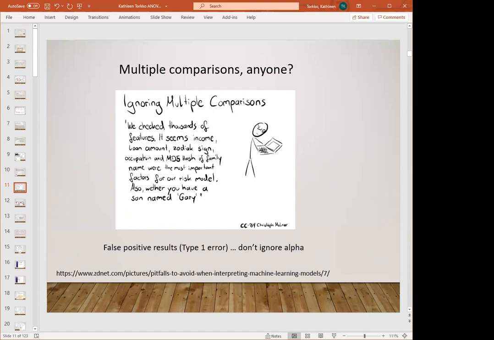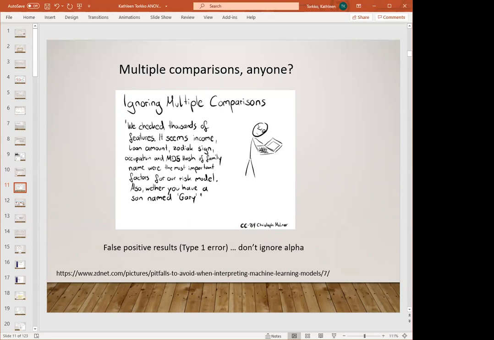If you have a lot of comparisons, you can just by chance find that things are statistically significant in your analyses, but don't really have any kind of biological or clinical meaning, or you could just find false positives and not realize that you are finding a false finding. So you really need to worry about your type 1 error rate, that is your false positive results.